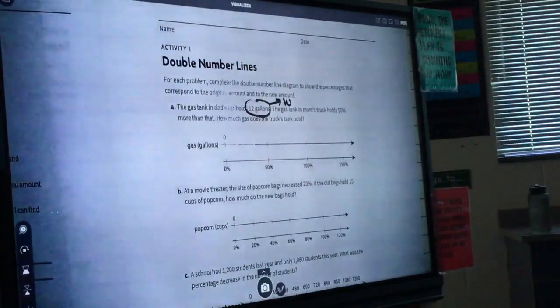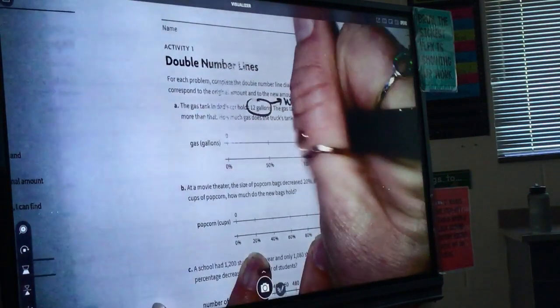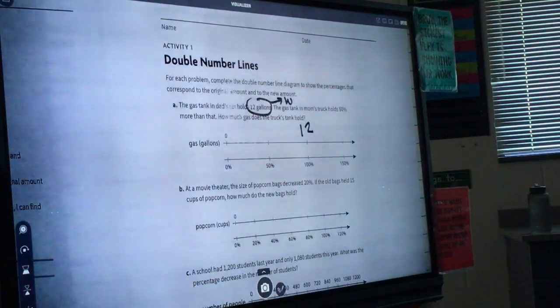If this is the whole percent, where does this go on our percent line? We have 0, we have 50, we have 100, we have 150. Where would 12 go? Would it go on the 50%, the 100%, or 150%? Travis? 100%. So 100% of the gas is 12 gallons.